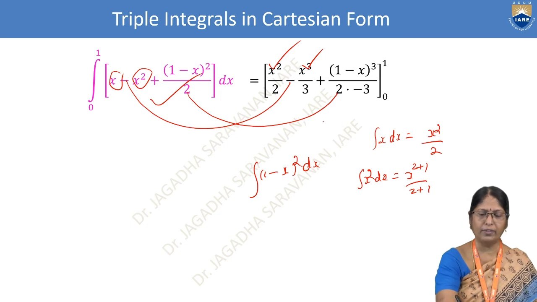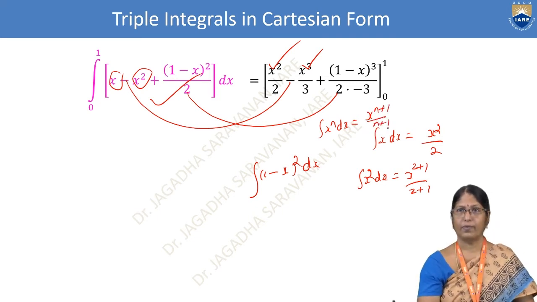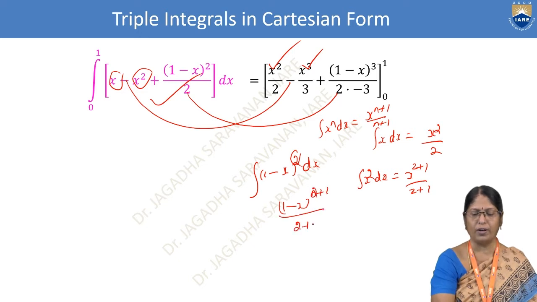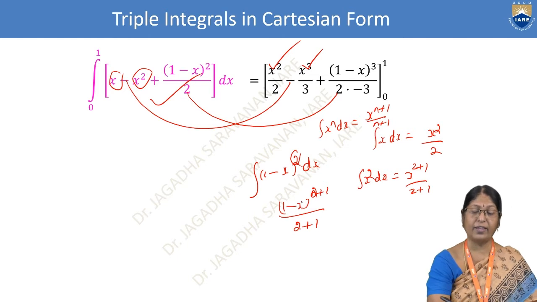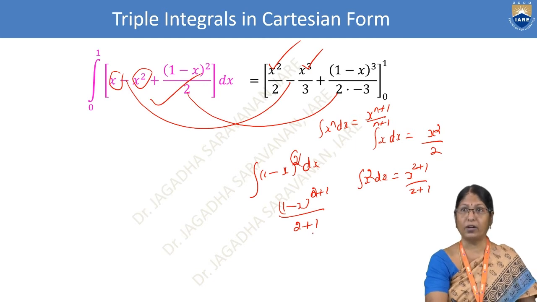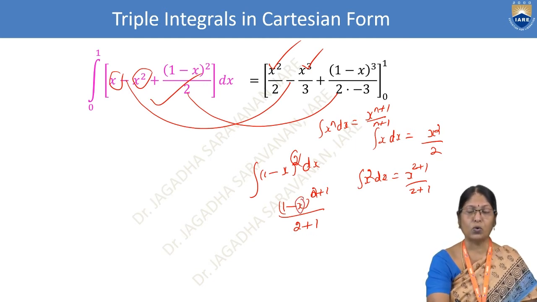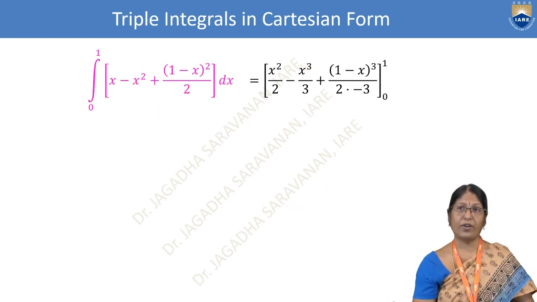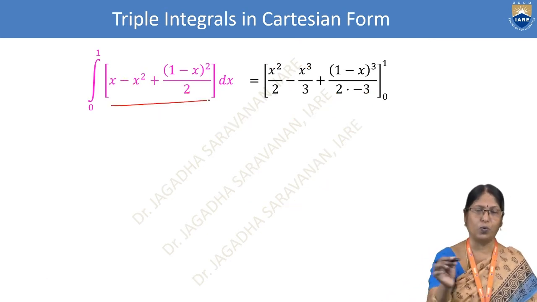Our formula is integral x power n dx equals x power n plus 1 by n plus 1. Our n is 2, so 1 minus x power 2 plus 1 by 2 plus 1. Again, inside the x, the coefficient is minus 1. So 2 plus 1 is 3, and because of this coefficient minus 1, it is becoming minus 3. So we put it here. We completed this integration.